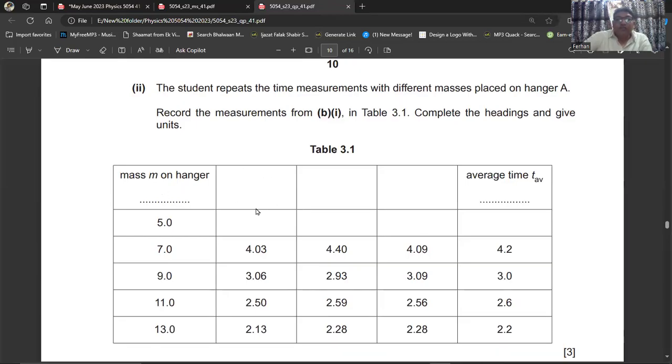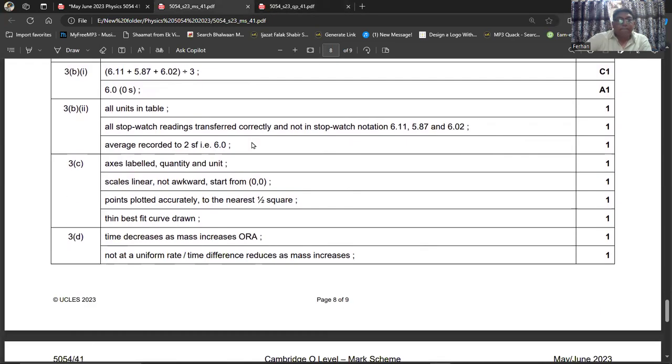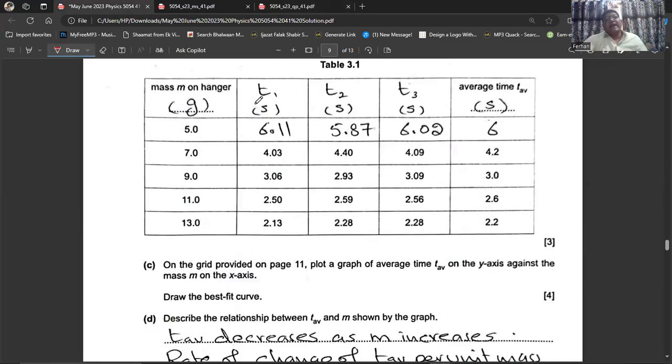Here is time 1, which will be in seconds, time 2, time 3, and then the average time, whose unit is also seconds. So here you can see gram, second, second, second, and second.